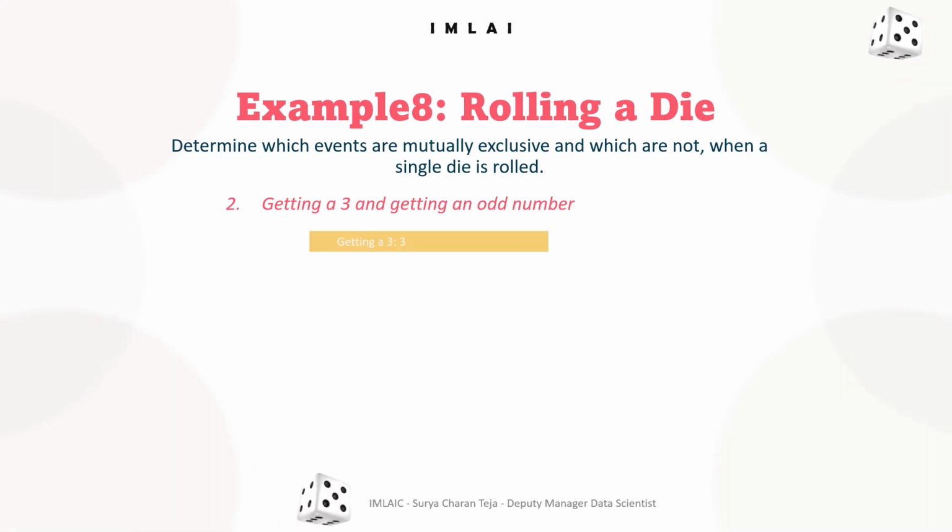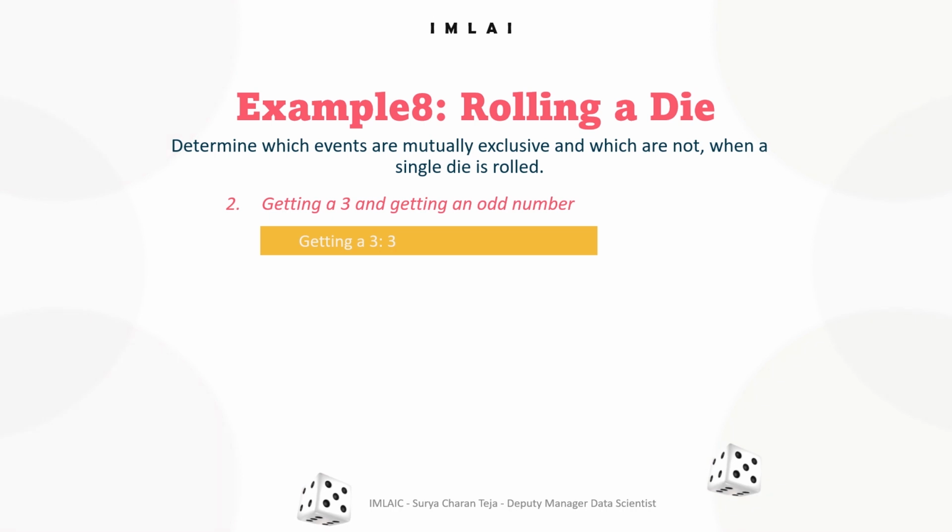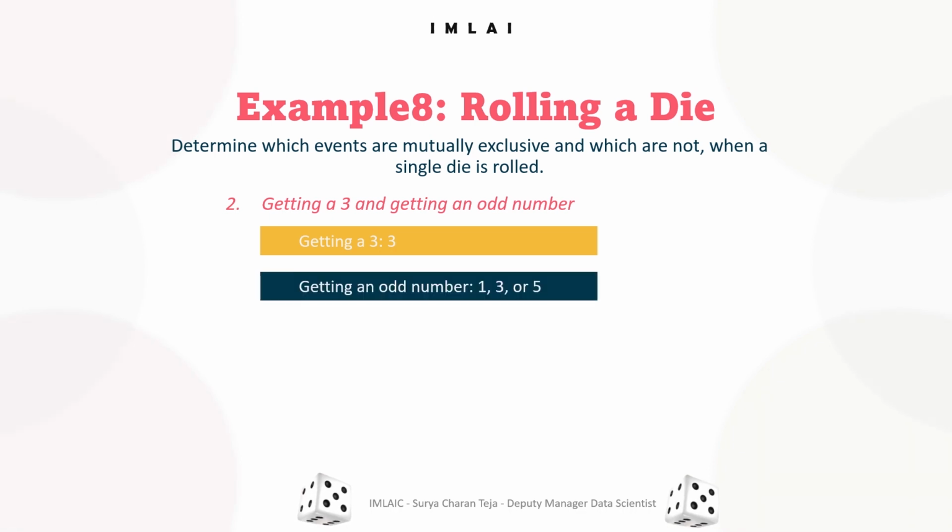Next, question number 2: getting a 3 and getting an odd number. These are two events again. Getting a 3 is just a simple event, and getting an odd number is a compound event with 1, 3 or 5. It's not mutually exclusive, because event A, which is 3, and event B, which consists of 1, 3, 5, have a common simple event, 3, so their intersection is 3.